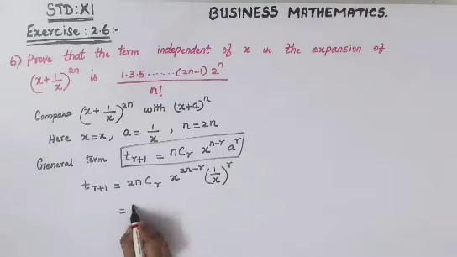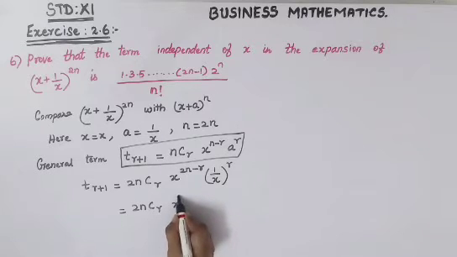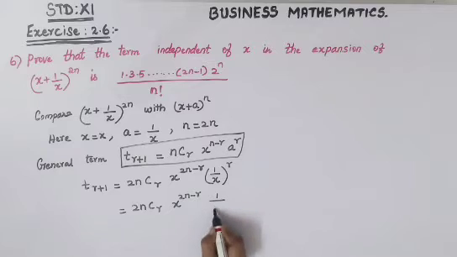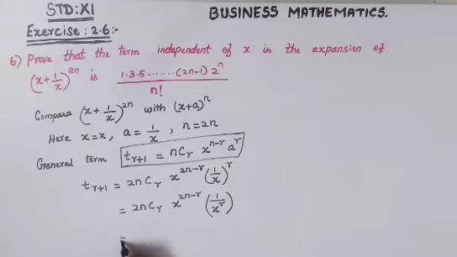Now solving. 2nCr x power 2n minus r. Now I just write this as 1 by x power r. I just take this r inside, so it will become 1 by x power r in the denominator. The next step is 2nCr x power 2n minus r.